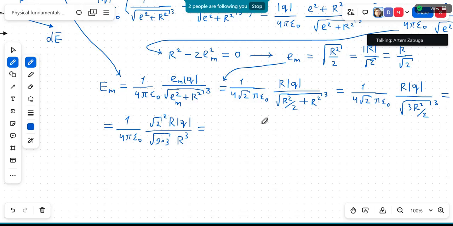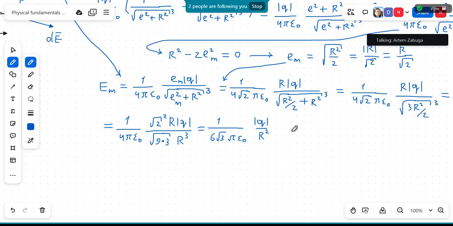And so it will be here to the power of 2. It will be 1 divided by 6 square root of 3 pi epsilon 0, absolute value of q divided by r to the power of 2.